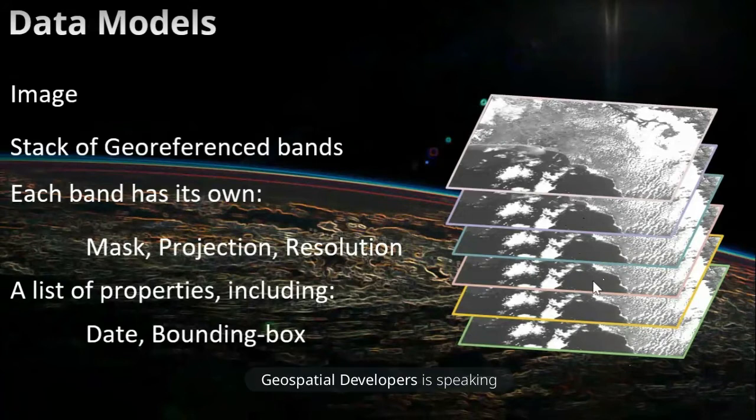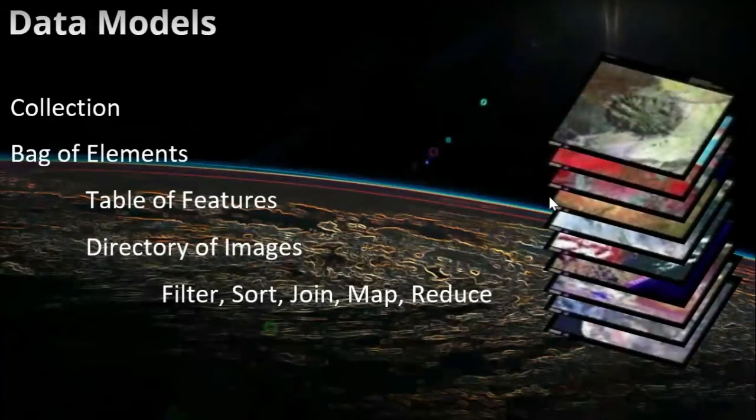All right. And each image that you see here, each band has its own maps, its own projection, its own resolution, and a list of properties, including the dates, the bounding box, and so on. And there is a collection.